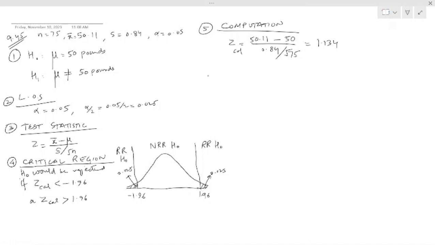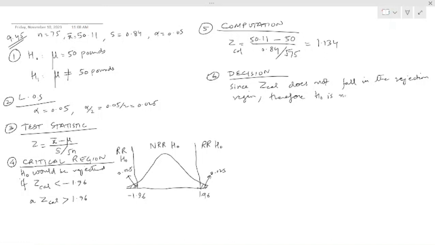So same argument we state as in the previous question in the decision: since z calculated does not fall in the rejection region, therefore H naught is not rejected.